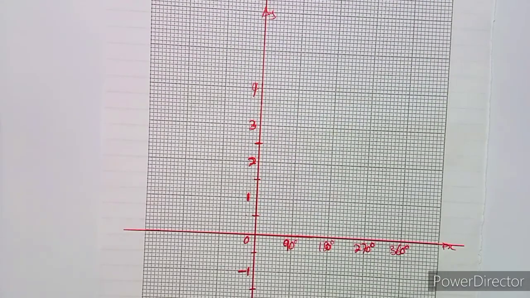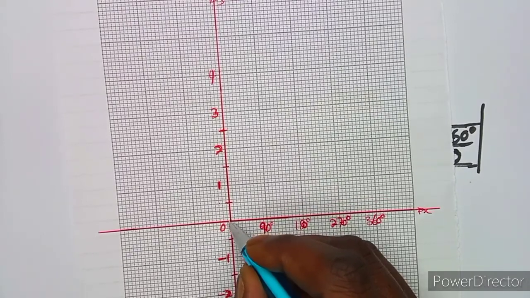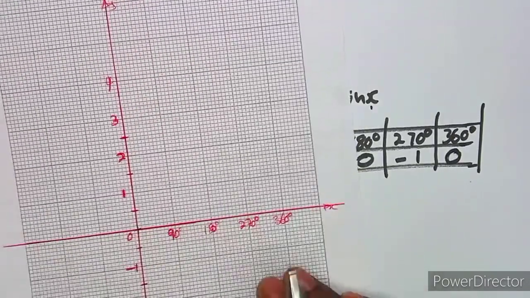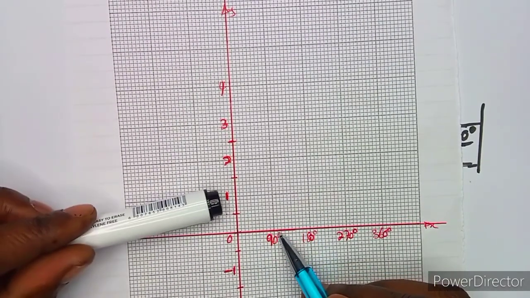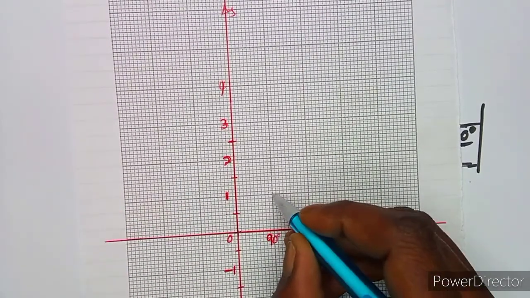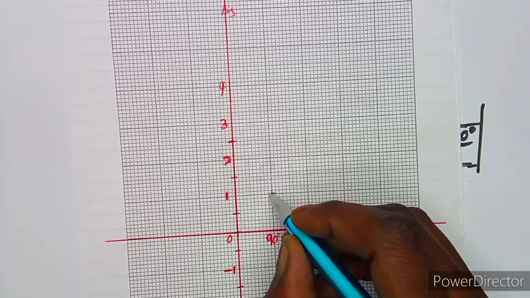Let me just use another pen, which is at this point here, 0 versus 0. Okay, then 90 versus 1, that's 90 here versus this one. So 90 versus 1, where these two meet, you just join those points.